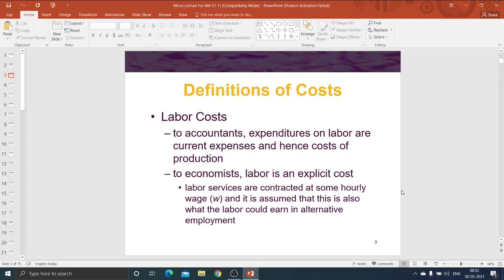Let us come to the first aspect of it, that is labor cost. Now, before that, the opportunity cost, which is normally very simply defined as the best alternative foregone.